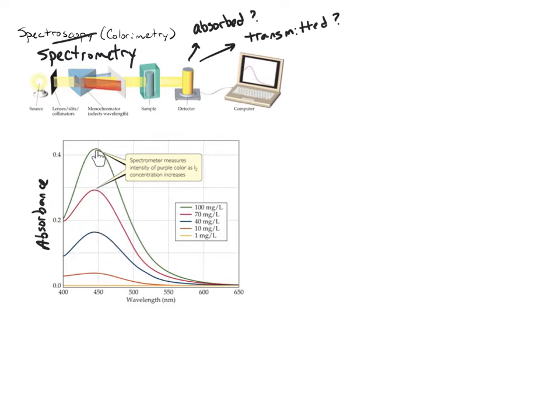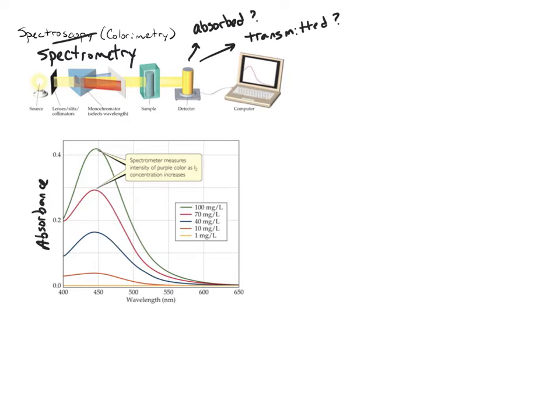And so, as you can see, as the concentration goes up, you get more and more absorbance at or around the blue and purple range. Because this substance is purple in color in the first place, it will show an increased absorbance as the concentration goes up, because it becomes more and more purple, and so you get more and more purple light absorbed.